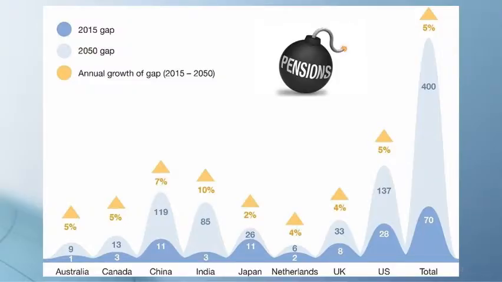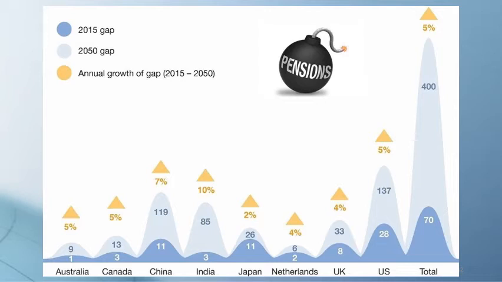So both sides of politics are very concerned about deficits, and so they should be, right? All advanced economies have a deficit problem. If we just look at pensions, we have a major problem on the horizon, right?